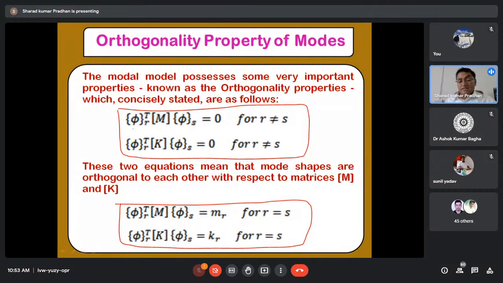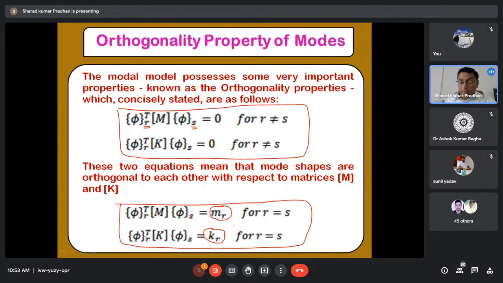No normalization is done. So if it is for Rth mode and Sth mode, if you pre-multiply and post-multiply with M, you are going to get 0 if R is not equal to S. Similarly, you are going to get 0 if R is not equal to S for stiffness. But if R is equal to S, you are going to get modal mass and modal stiffness.